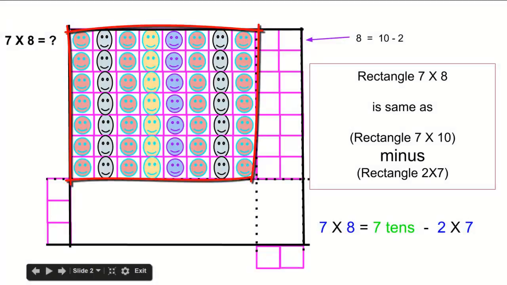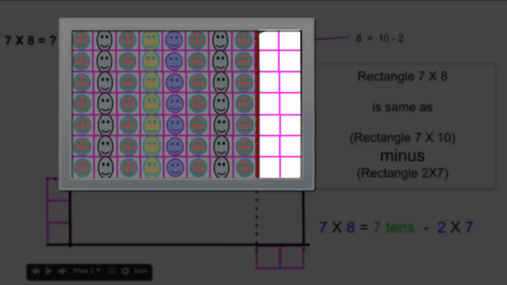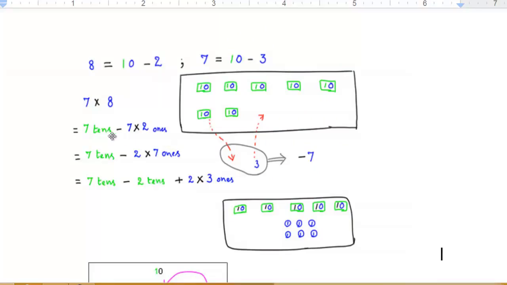We recognize that the rectangle representing 7 times 8 can be seen as a bigger rectangle, which is 7 times 10, minus the smaller rectangle of 2 times 7. And from there, these steps follow.